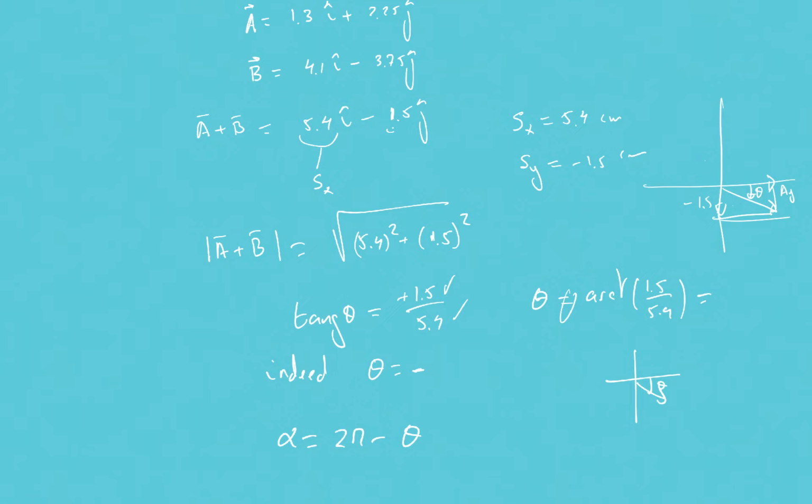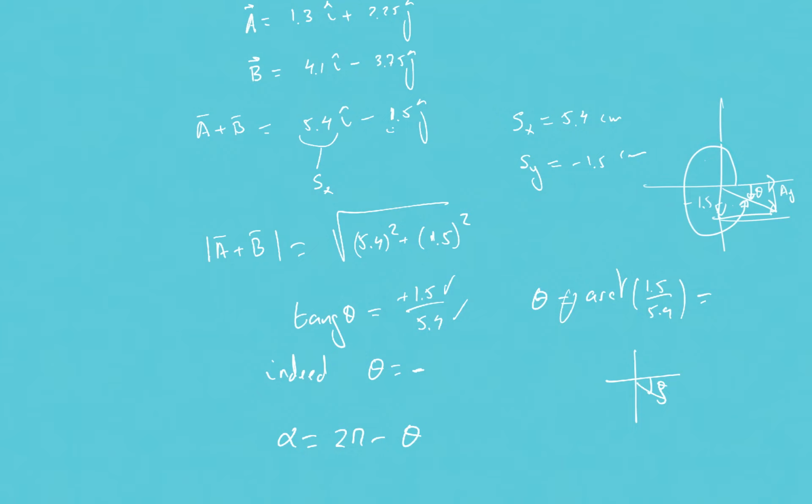So theta will be the arctangent of 1.5 divided by 5.4, and this will give you a positive number that is the angle. But in this case the angle is negative. The angle that they want as an answer is this angle.